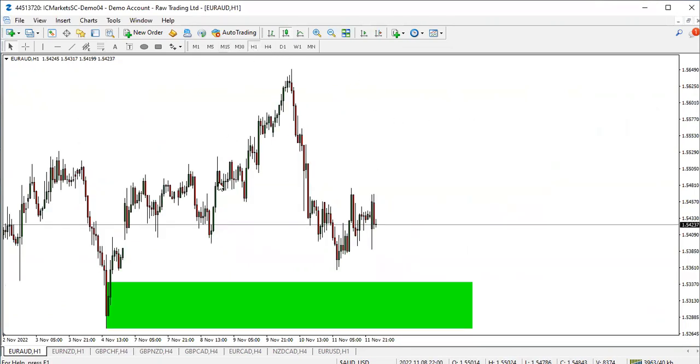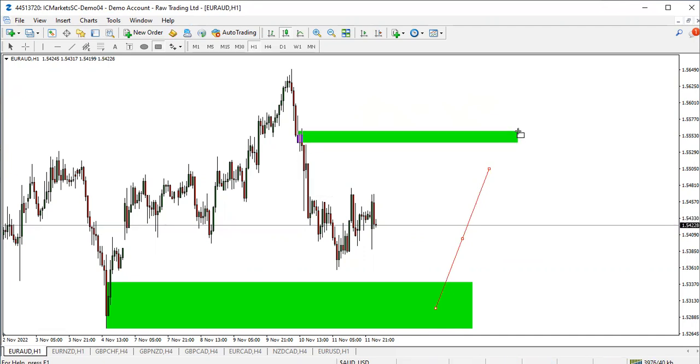So I'm watching it to get to this zone for a buy. That's it, to buy from this area. And for a sell, if it gets to this area, I'll be looking to sell.